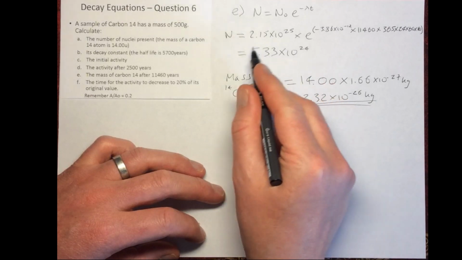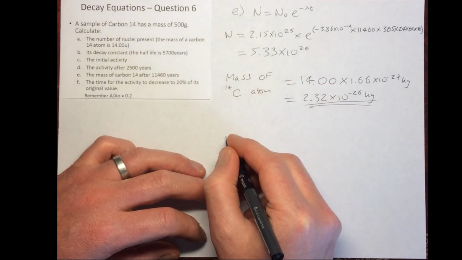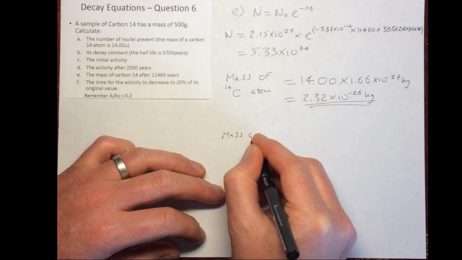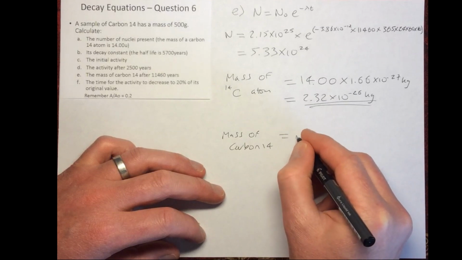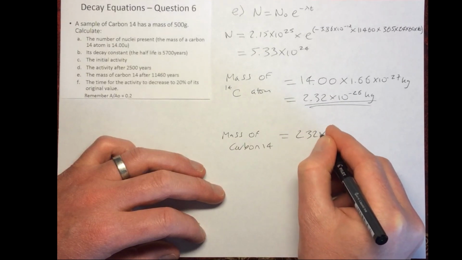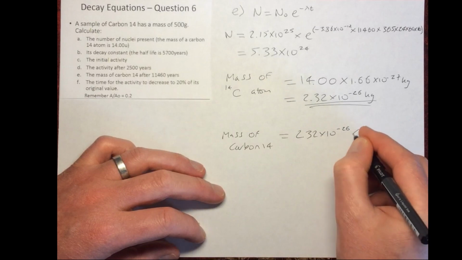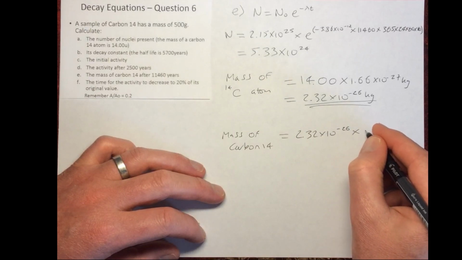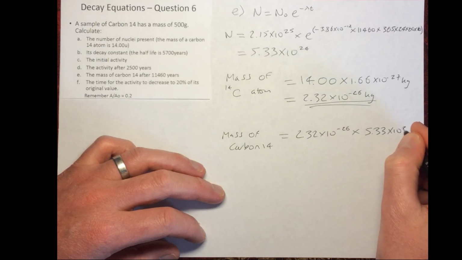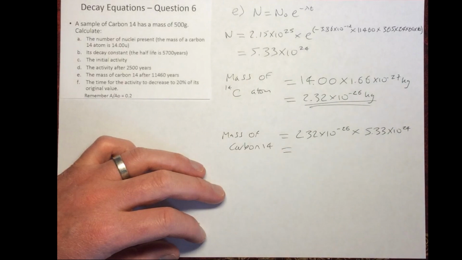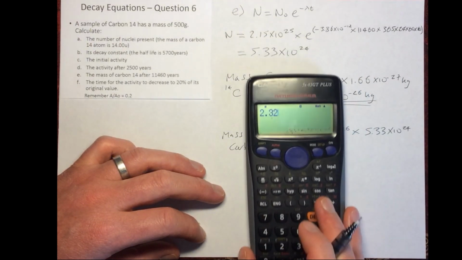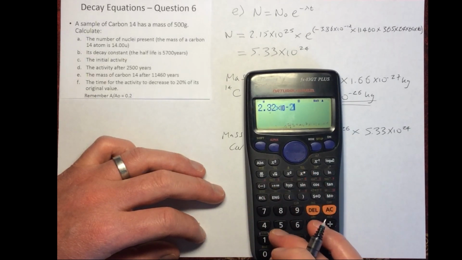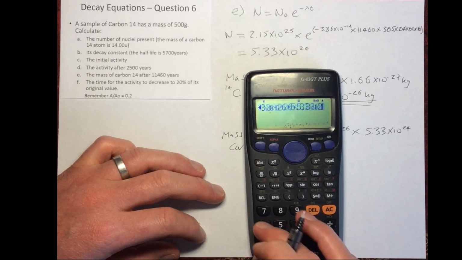So what we're going to do now is multiply these two numbers together to give us the mass of carbon-14 remaining, and it's just going to be 2.32 times 10 to the minus 26 multiplied by 5.33 times 10 to the 24.